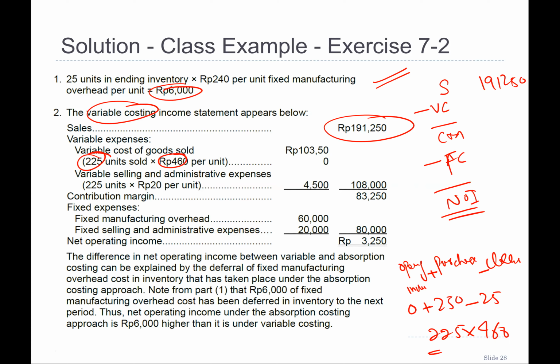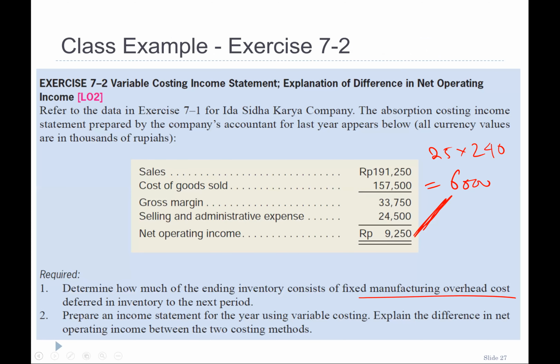The answer is 103,500, right? And also our variable selling and admin. Where did we find that? Go back to our 7.1.